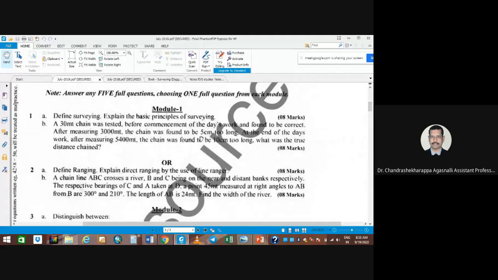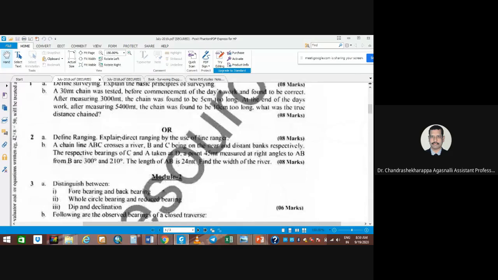At the end of the day's work, after measuring 5400 meters, that means 5.4 kilometers, since 1000 meters equals 1 kilometer, the chain was found to be 10 centimeters too long. Again, what was the true distance of the chain? This type of problem will arise.